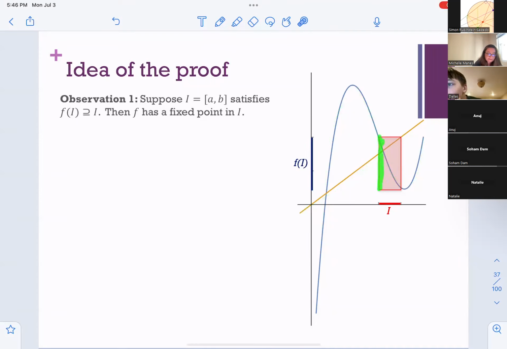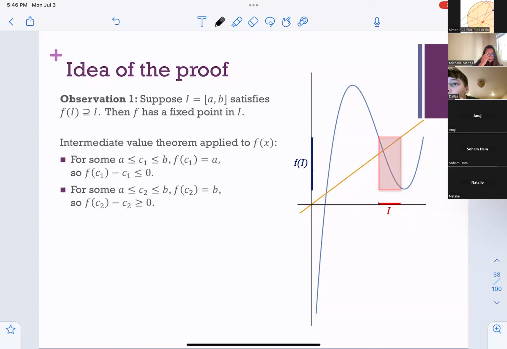And imagine rotating this y-axis down, so that the f of I marked on the y-axis covers I. If that happens, then I definitely have a fixed point in that interval. And the reason is just the intermediate value theorem. So here's the formalism of it, but I think the picture is pretty convincing, right? You just draw the picture and you see it happening.